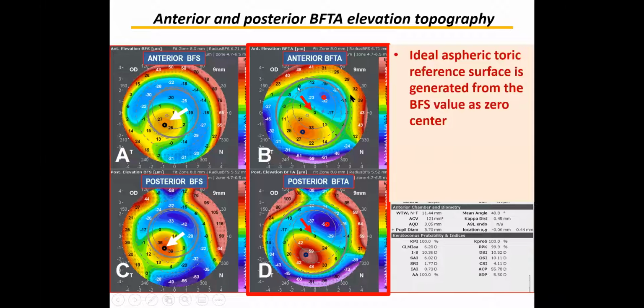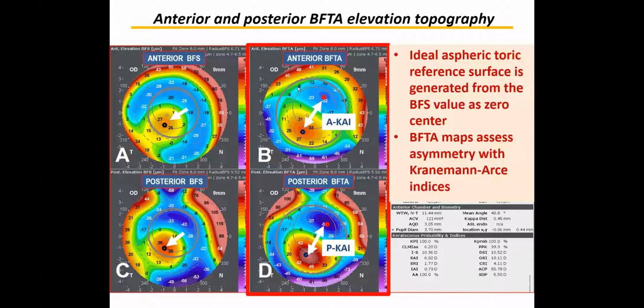So in 2009, I described it, and I began to use what I call the Kranemann-Arce index, either anterior, AKA, or posterior, PKI. This index is actually very useful, but is dependent on the alignment.